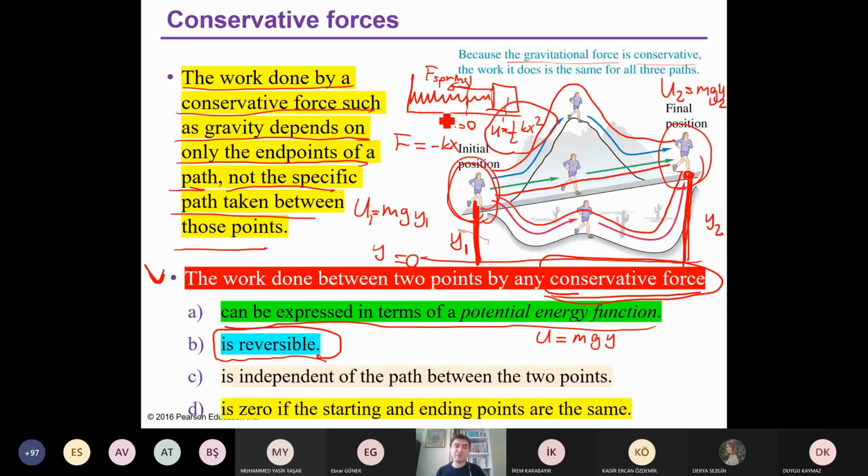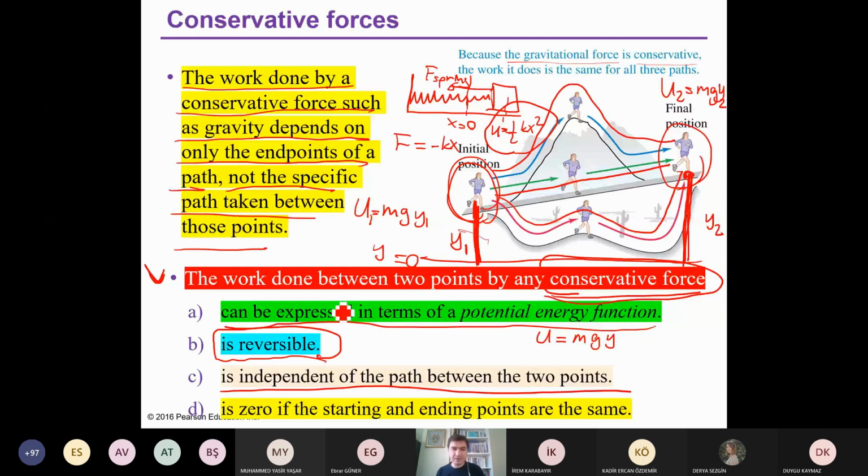So the total mechanical energy is conserved, and it is independent of the path between 2 points. And the last one, the work done between 2 points is 0 if the starting and ending points are the same.